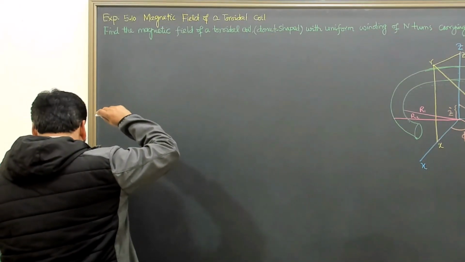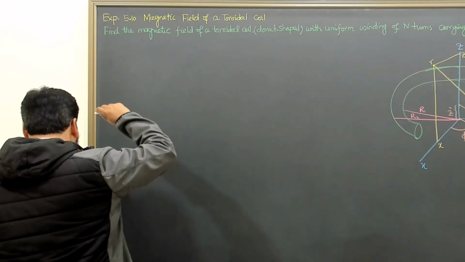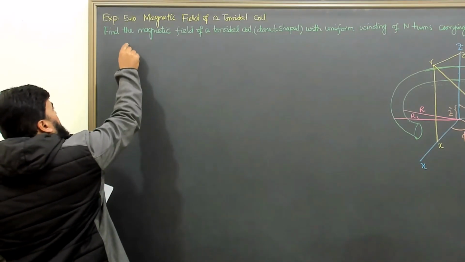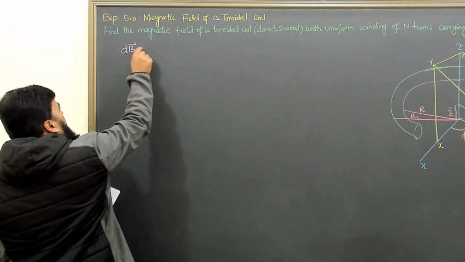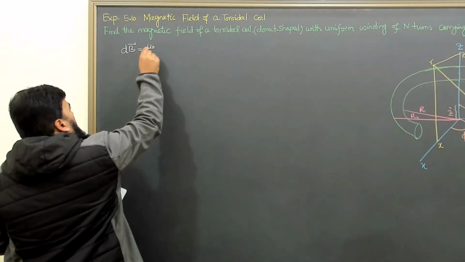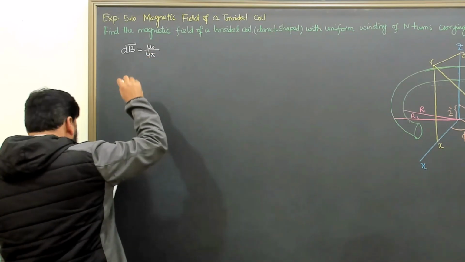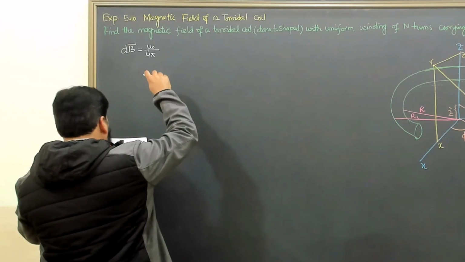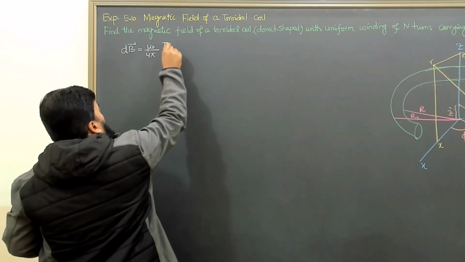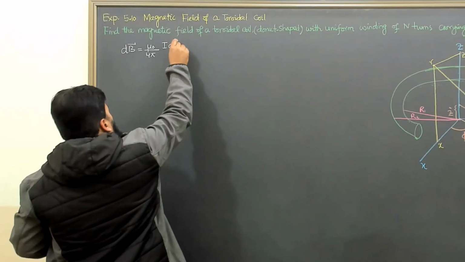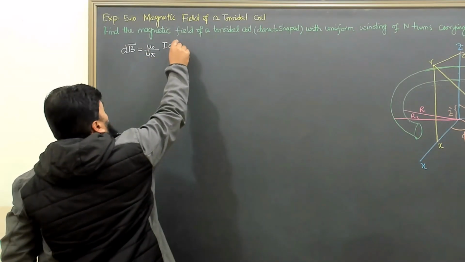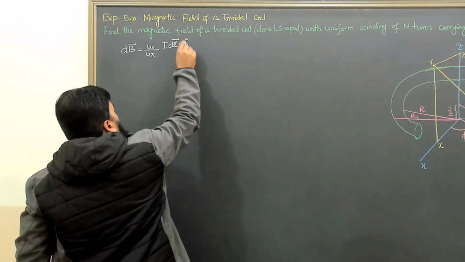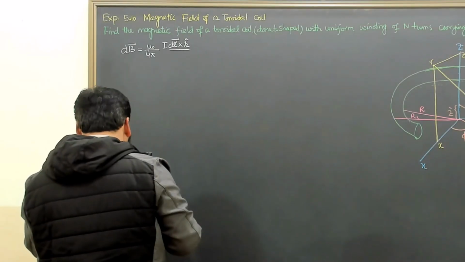I can write the field at point R due to the current element at R prime as dB, which we will have to integrate, equal to mu naught over 4 pi, I dL cross tilted R divided by tilted R squared, and this dL will be primed because it is the source.